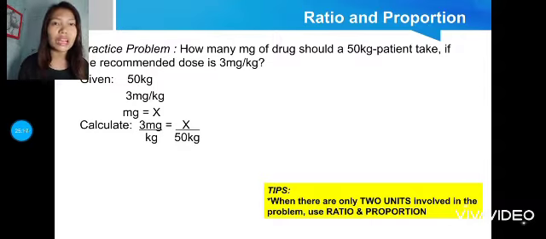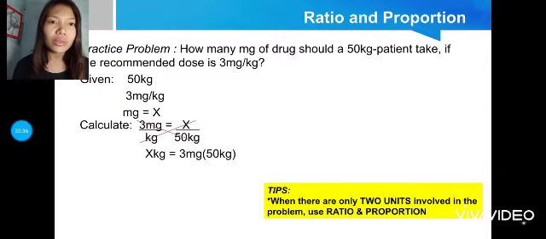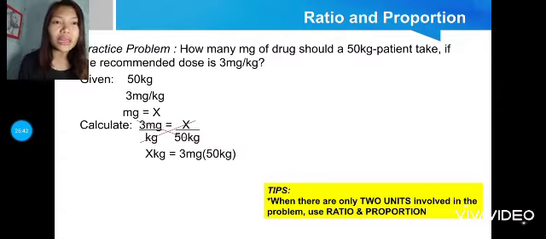So, hindi pwede nga ang isa sa numerator, ang isa sa denominator. And then you cross multiply, and when you cross multiply, it will become x kilogram is equal to 3 milligram times 50 kilogram. Okay, and then you multiply 3 milligram times 50 kilogram is equal to 150 milligram kilogram.